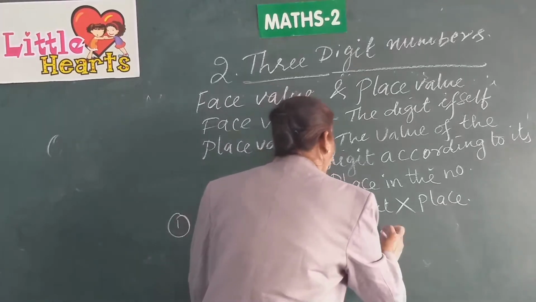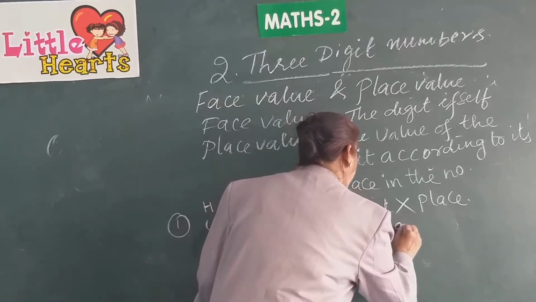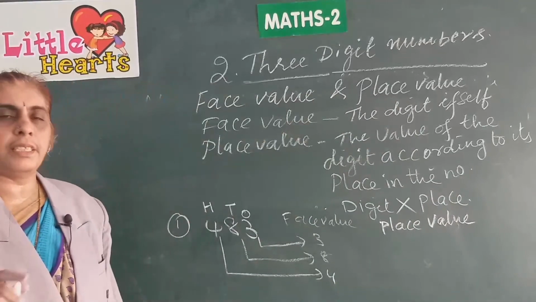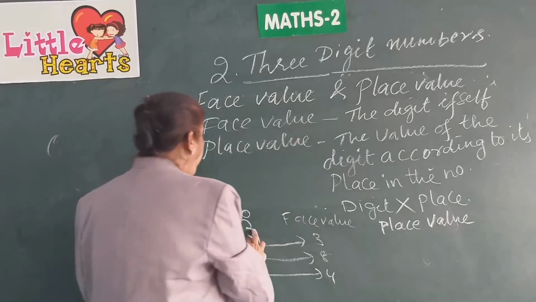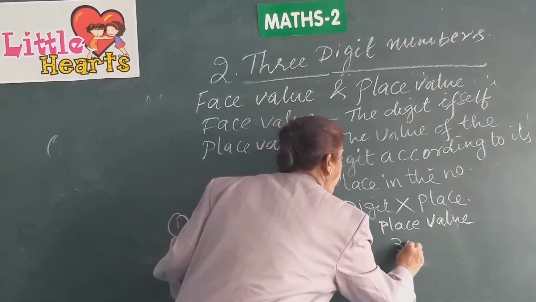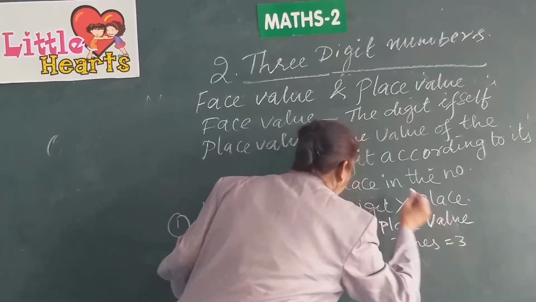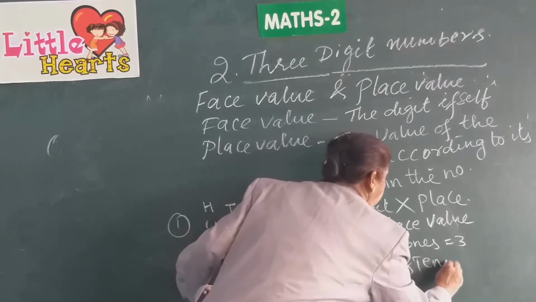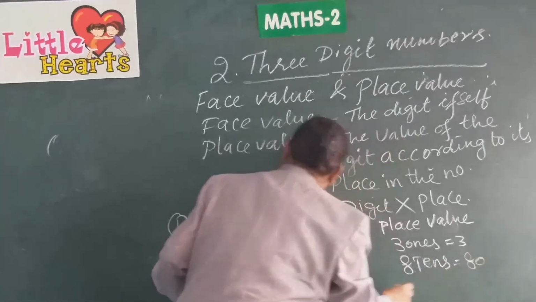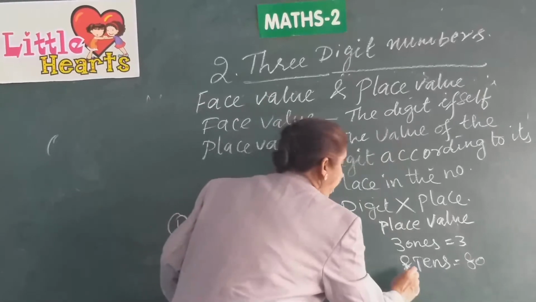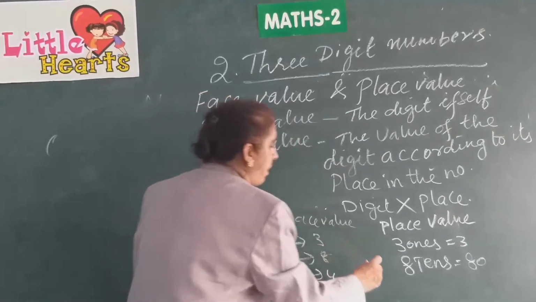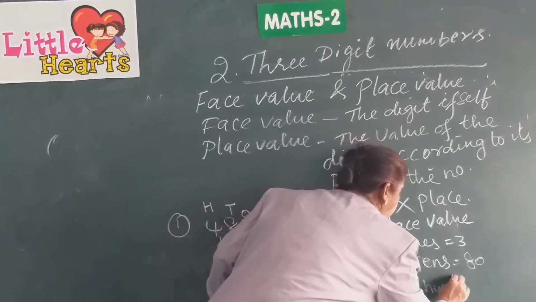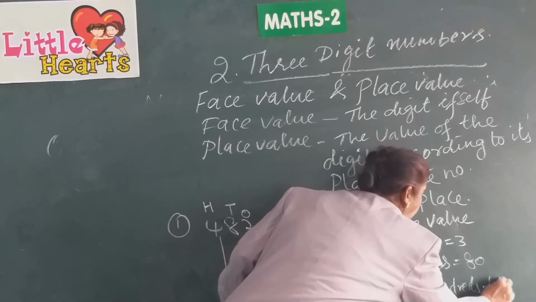But coming to the place value, place value changes according to its place. 3 is in the ones place, 3 ones, that is 3. 8 is in the tens place, 8 tens are 80. 4 is in the hundreds place, 4 hundreds, that is 400.